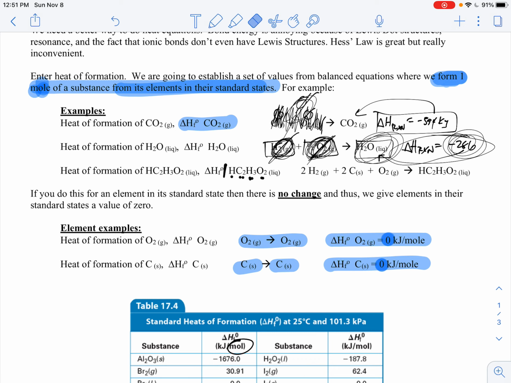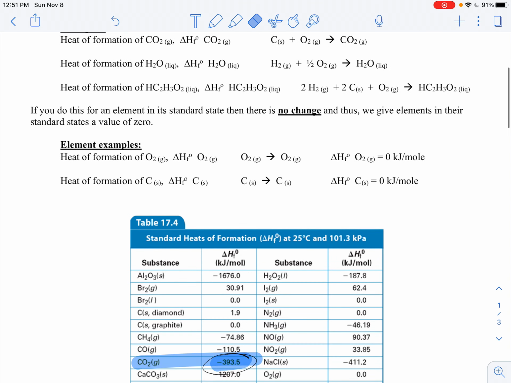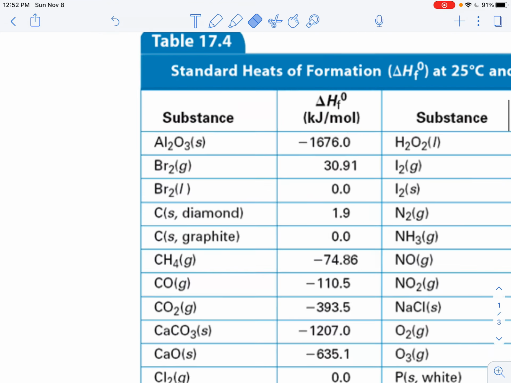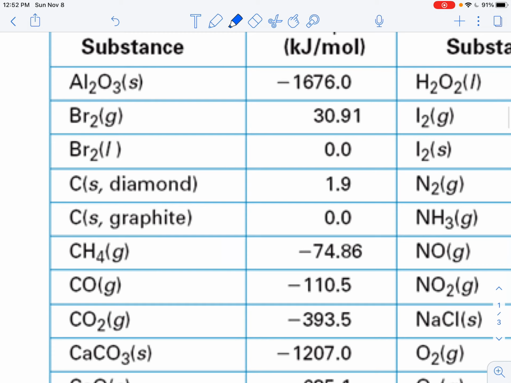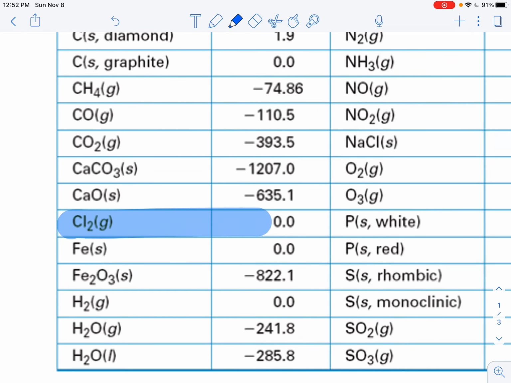We are going to assume that elements have a standard heat of formation of 0. Elements in their standard states have a heat of formation of 0. And you'll see that in tables, although they don't even have to give it to you, but they often do. So here's liquid bromine. It has a heat of formation of 0.